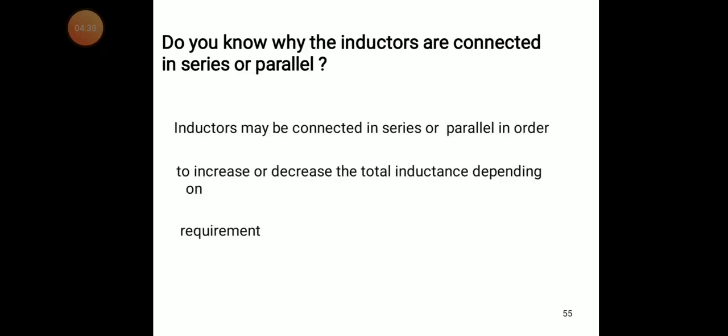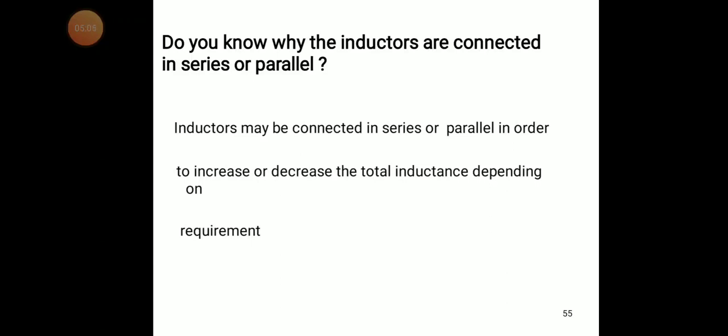Now we go to the actual topic, the combination of inductors. Whenever we connect inductors in series and parallel, how can we calculate the equivalent inductance? Coming to resistors and capacitors, they have only self values.